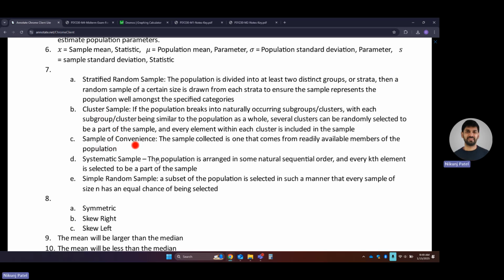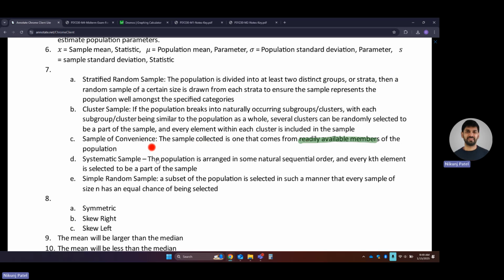Sample of convenience, that means you pick members that are readily available. So this one is really common in healthcare, especially because some studies and research and clinical trials will be interested in doing research on a particular kind of condition. But you have to find patients who have that condition and they are also wanting to be available for that.